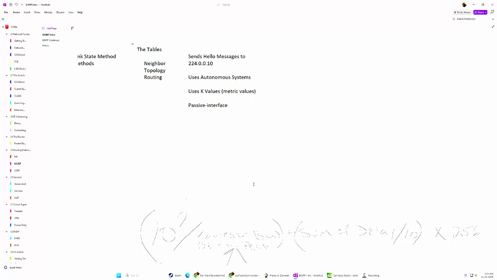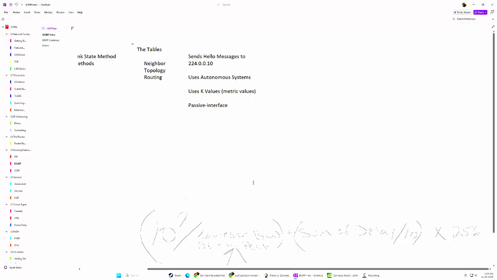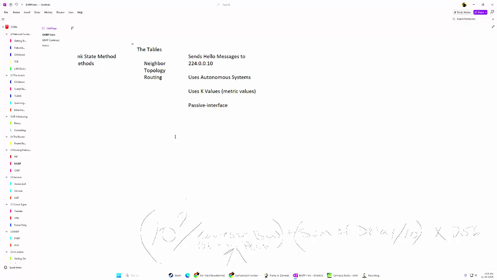By default, there are only 2 K values that I actually utilize, and you do have, was it 5 K values? We need to understand that if I turn off bandwidth for a K value, turn it from a 1 to a 0, then the only thing being utilized in the algorithm is the delay.